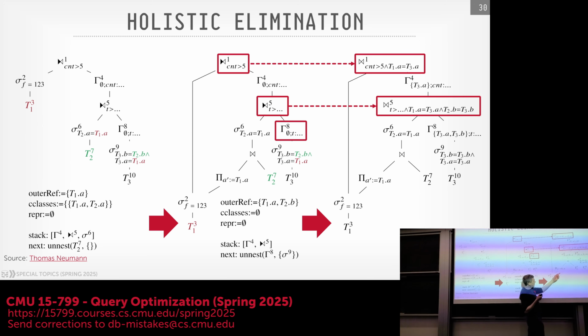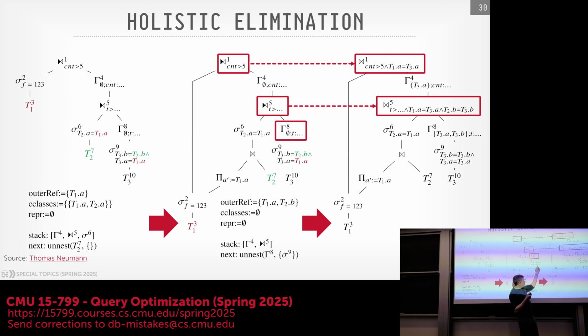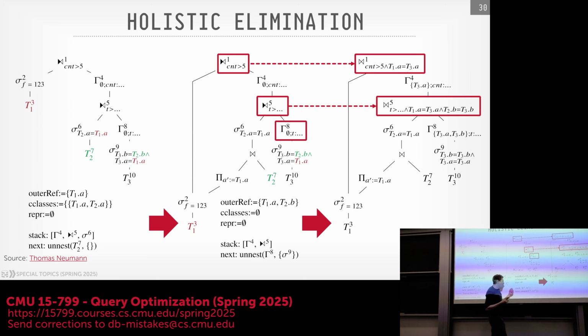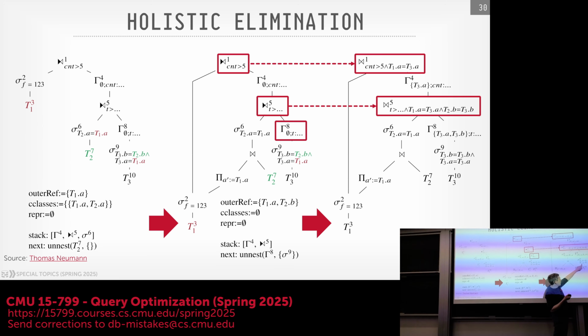And here, because of the equivalence classes, instead of saying T3.A equals T1.A, because we know that T1.A is equal to T3.A since we're referencing that in our join, we just substituted in that filter to say T3.A equals T3.A, which we then stripped out because it's unnecessary.